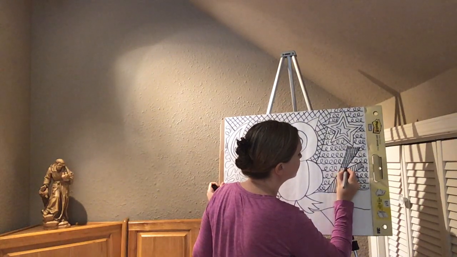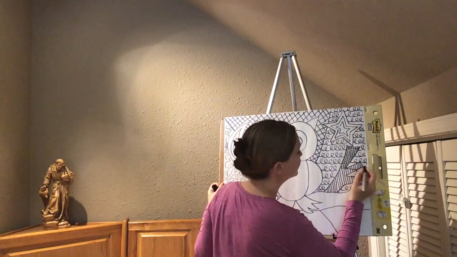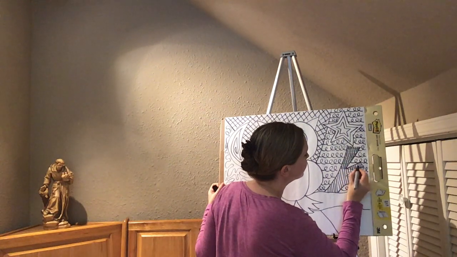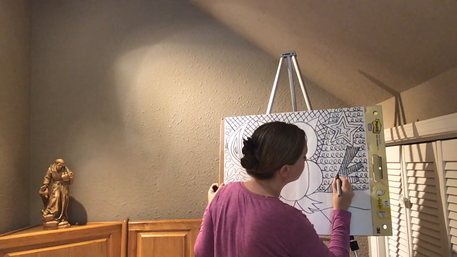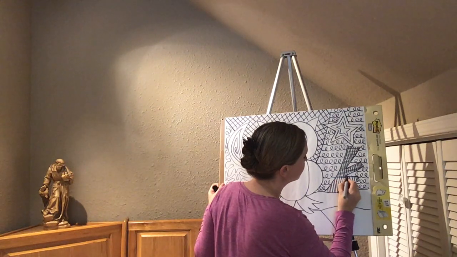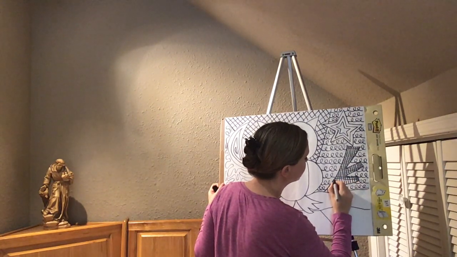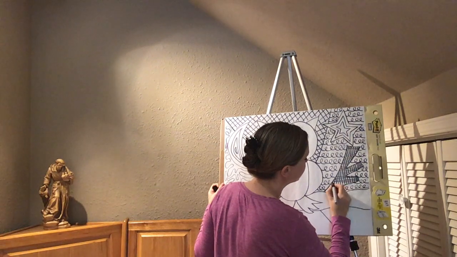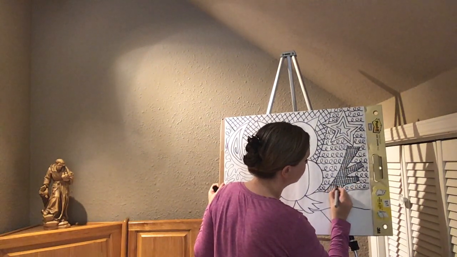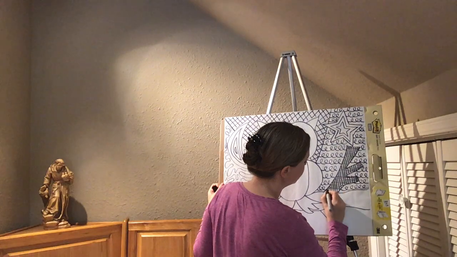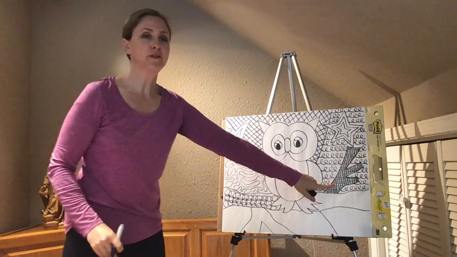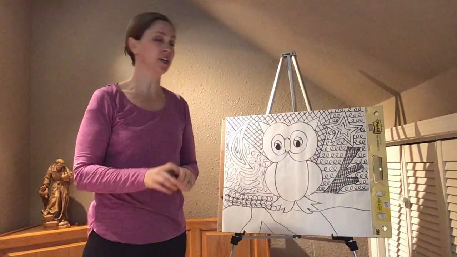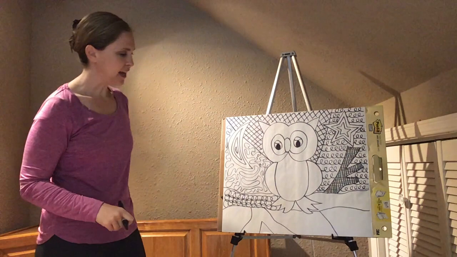It looks darker. All right, that one took a little bit more time. But if you look here, it made this branch look darker. All right, I'm going to keep going.